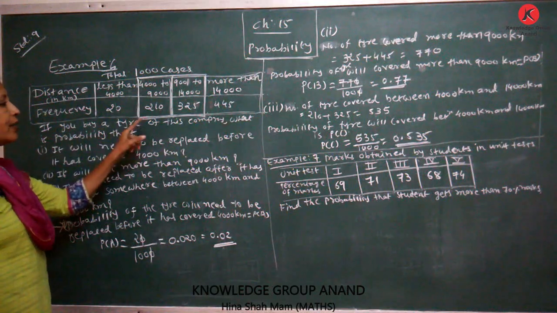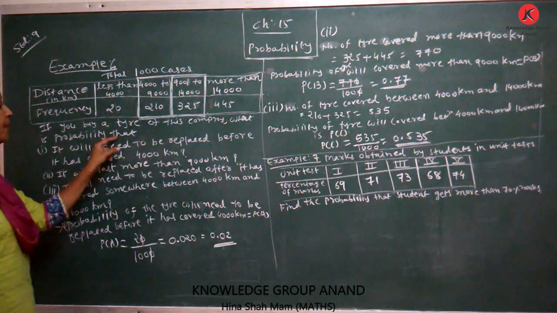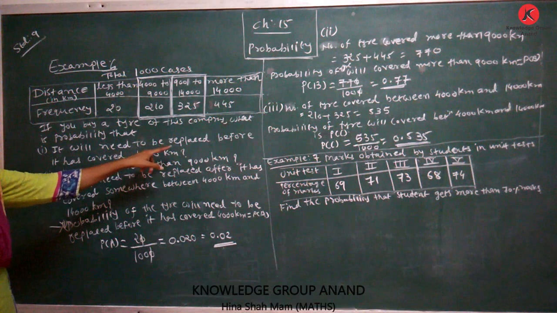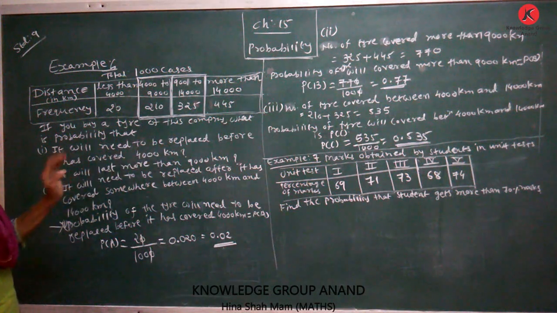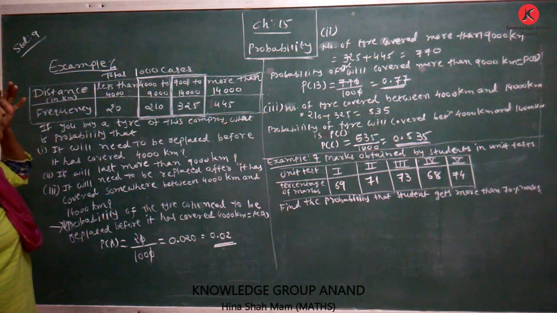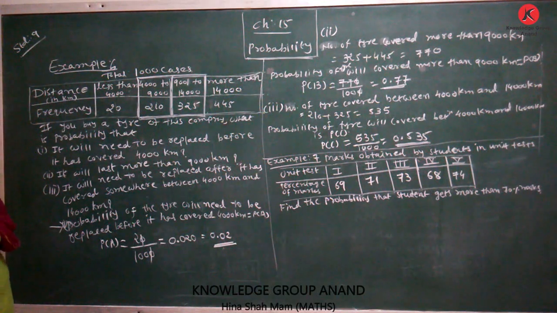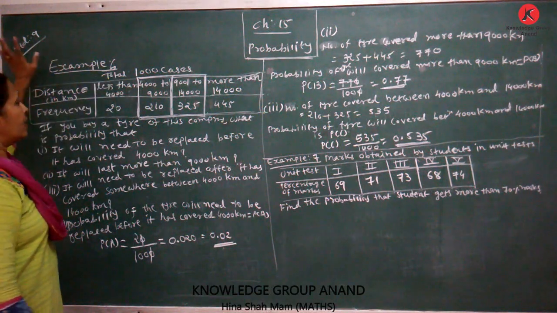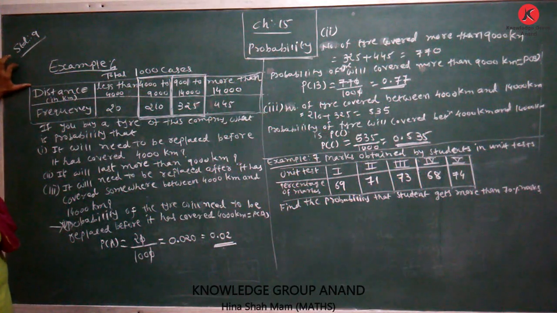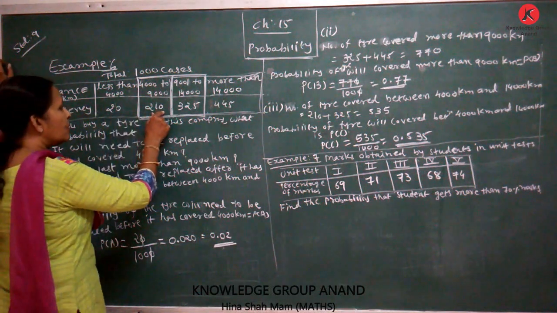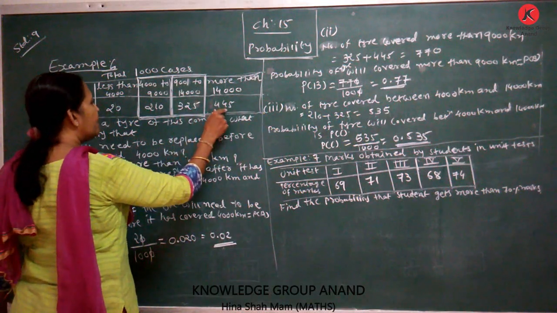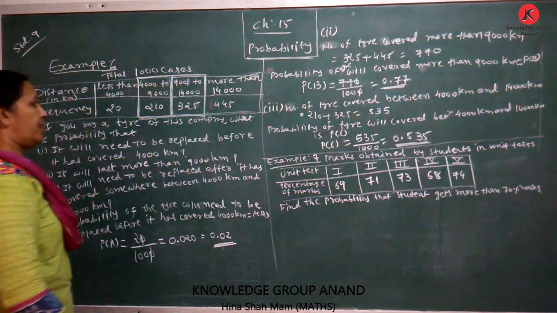If you buy a tire of this company, what is the probability that it will need to be replaced before it has covered 4,000 km? Here the total is 1000 cases, with frequencies 20, 210, 325 and 445.